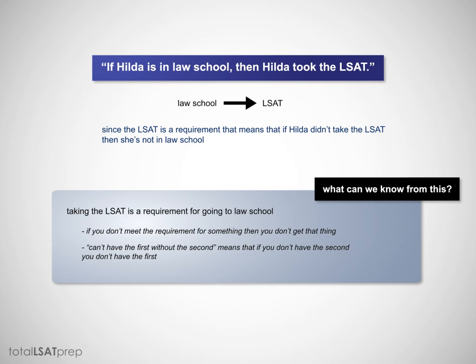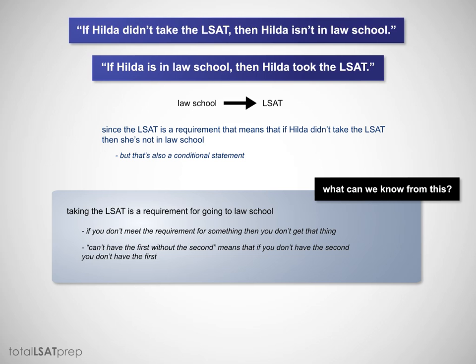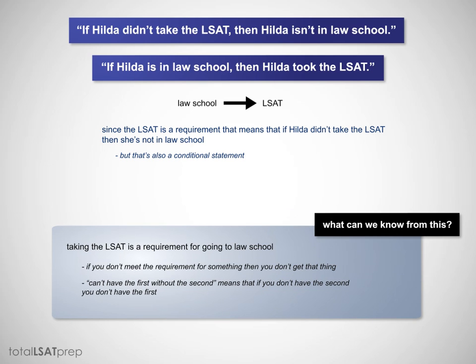law school. But if you noticed, that's also a conditional statement. If Hilda didn't take the LSAT, then she's not in law school. And here we'll put up next to our original conditional statement, if Hilda didn't take the LSAT, then Hilda isn't in law school. So what that means is that the first conditional tells us that if Hilda is in law school, then Hilda took the LSAT.